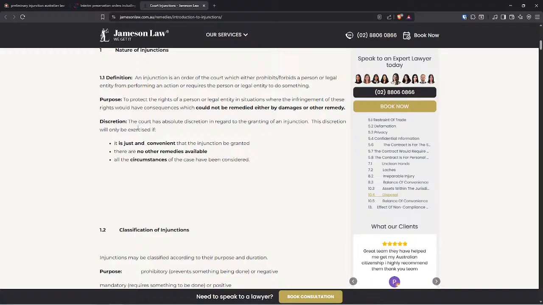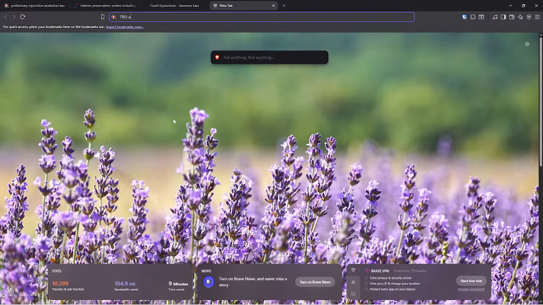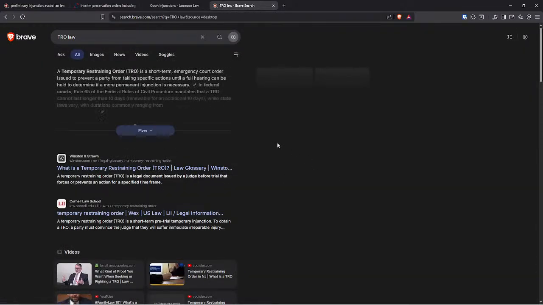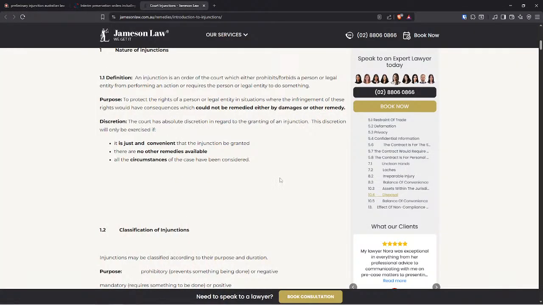Right. Right. What was the other type of injunction? There's preliminary injunction. What's a TRO? Oh no, that's temporary restraining order. No, what was the other one? There was another one that was like this.